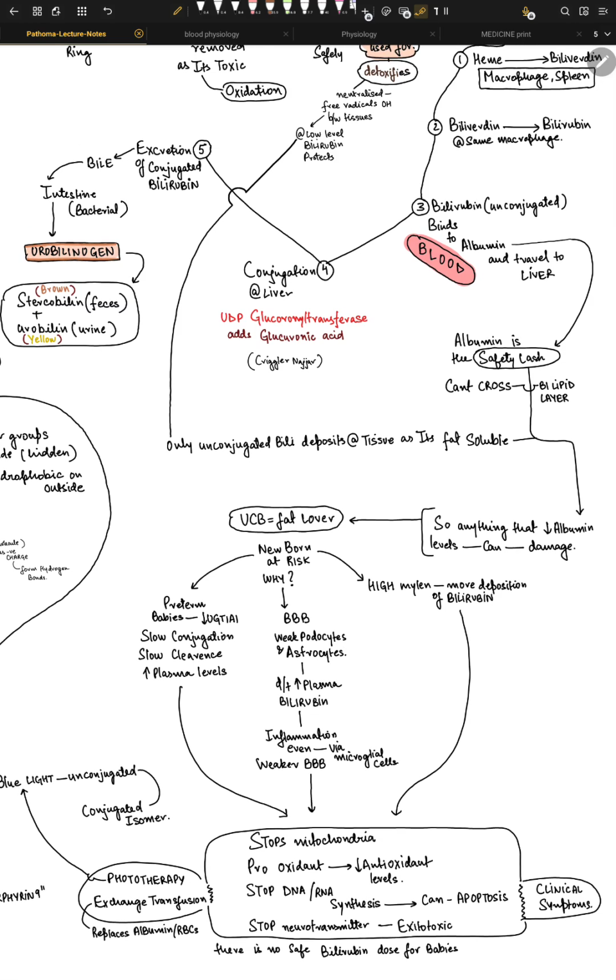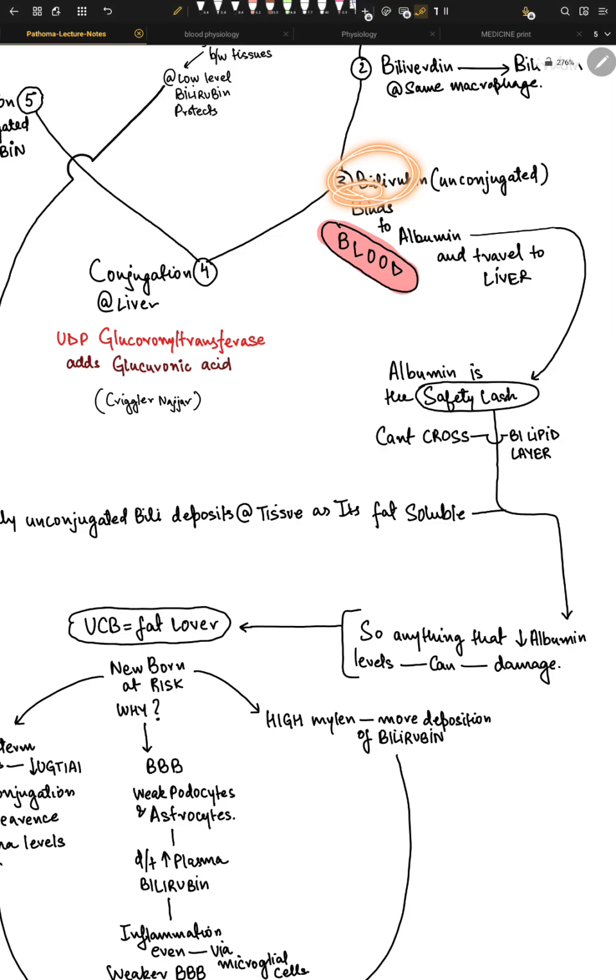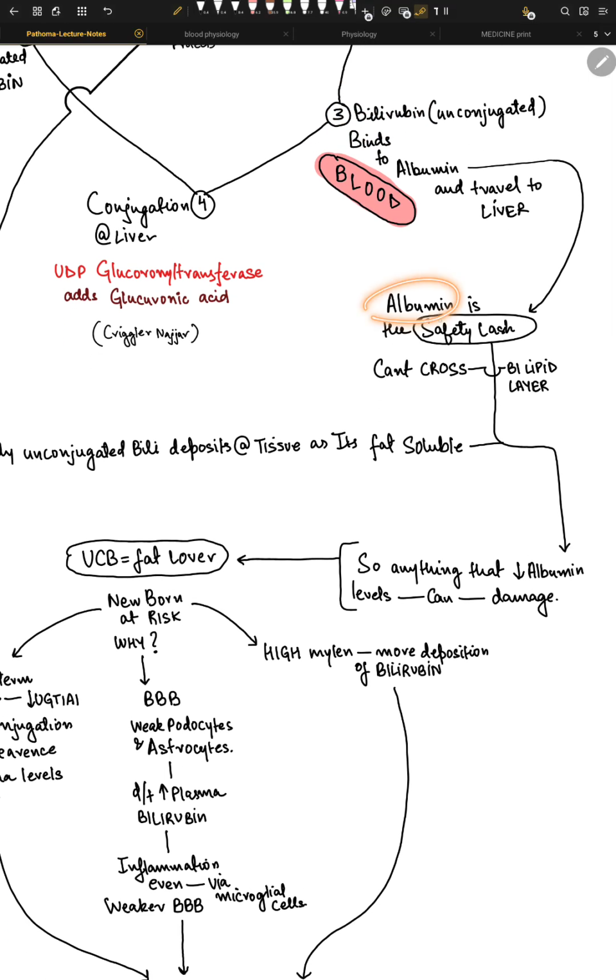Albumin, the protein that carries unconjugated bilirubin, is like a safety leash. It makes sure that this free unconjugated bilirubin is not free to cause damage in fat cells by crossing the bilipid layer. Once albumin is attached to bilirubin, it can't cross the bilayer, because it has a protein end on it. Proteins cannot jump these bilipid layers.